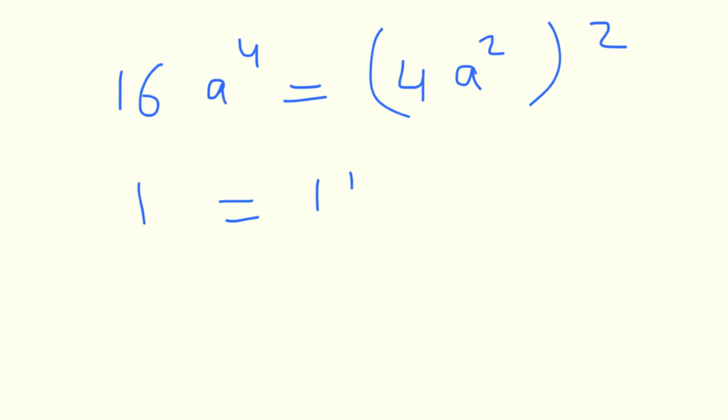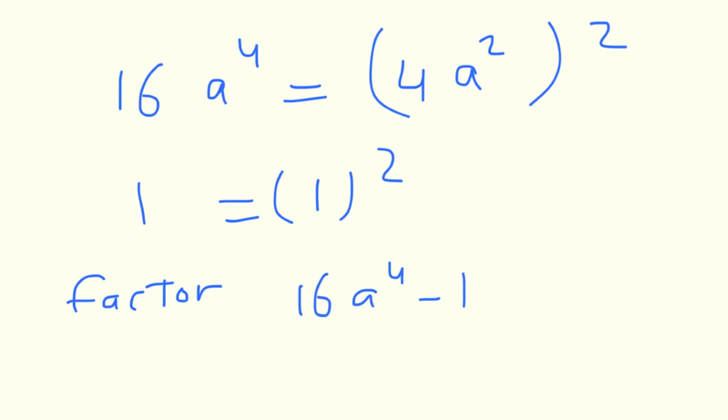Of 1, right? So if I ask you to factor 16a power 4 minus 1, it's easier to write it first as the square of 4a squared minus 1 squared, and then it becomes easy to find the answer. The answer now would be what?